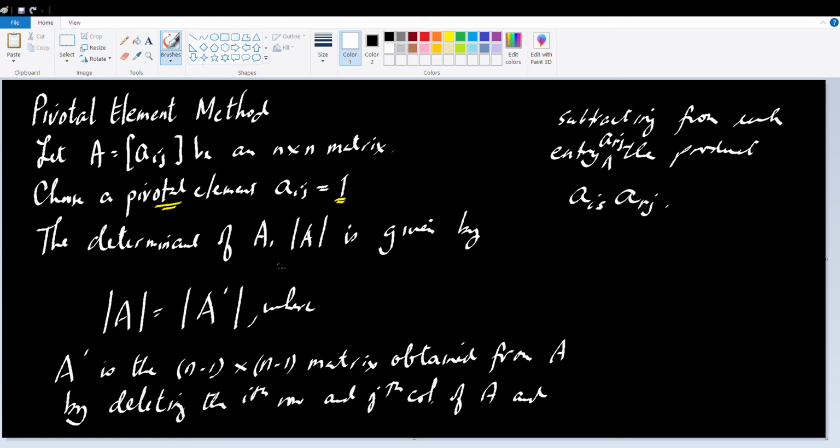So you choose the pivot Aij that is equal to 1, delete the ith row and the jth column. And for each remaining entry ARS, you will subtract the product AIS, ARJ.